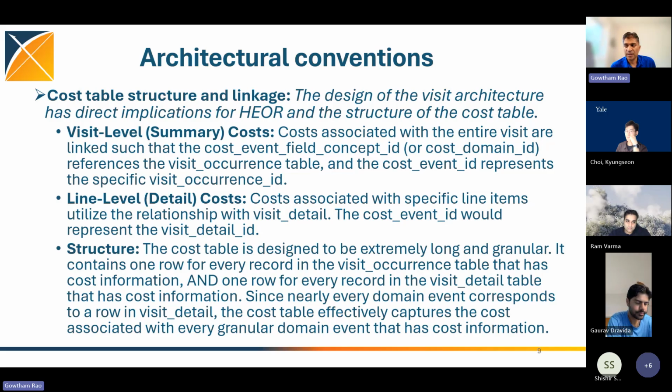That's the nature of this field. It contains one row for every record in the visit occurrence table that has cost information, and one row for every record in the visit detail table that has cost information. So now it is a combination of visit occurrence and visit detail, making it a large, long table.